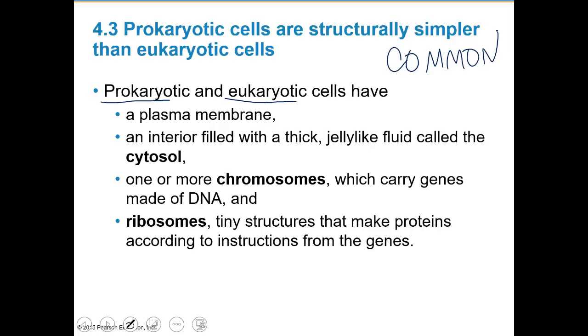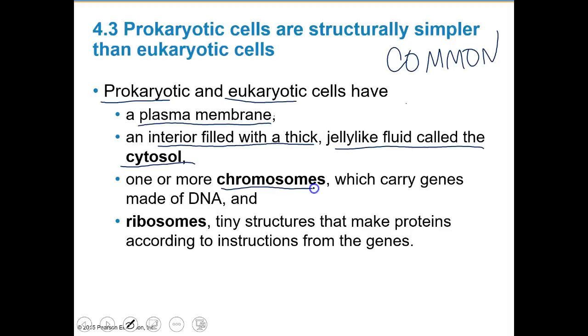No matter what cell they are, they have all of these things. One is the plasma membrane. Doesn't matter what kind, doesn't matter where it comes from, they all have that membrane. They all have an interior filled with a thick jelly-like fluid called cytosol. The cytosol is, like I call it, the juicy stuff in the middle of the cell. Juicy jelly stuff. Okay?